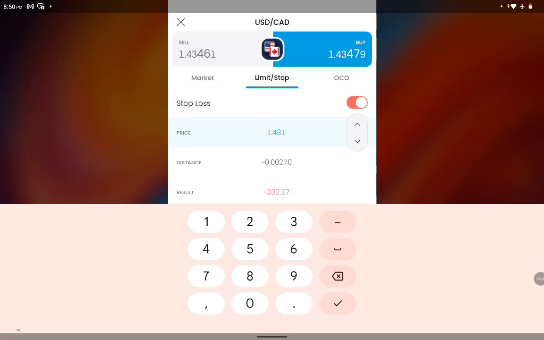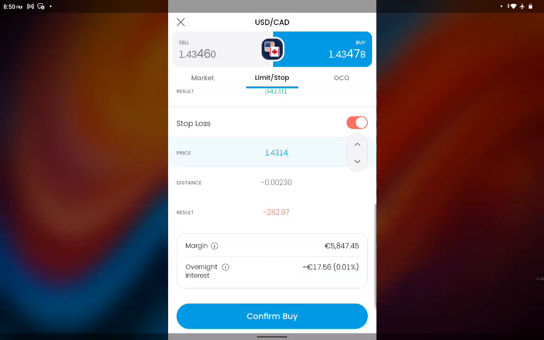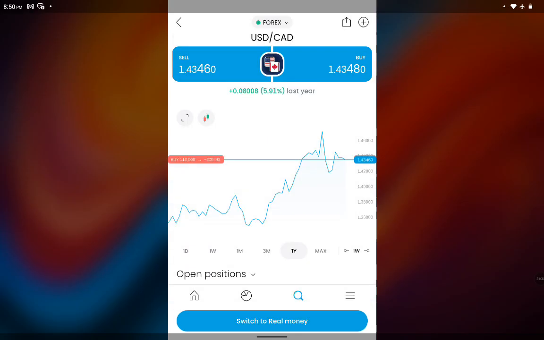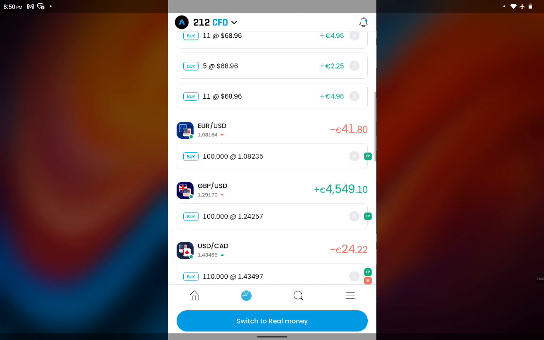Oh no, put it at 14 because flash traders. So yeah, it's a limit order, and as soon as price hits 37 it triggers, right? So confirm buy, and I leave it there. Whatever happens, then I will tell you the result.